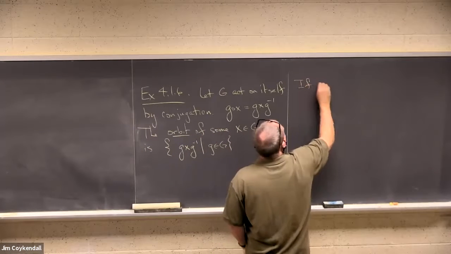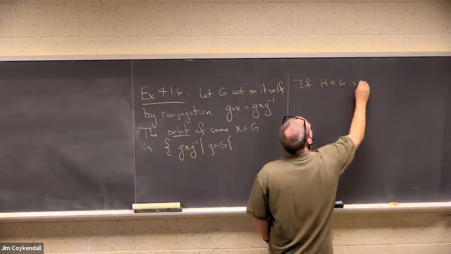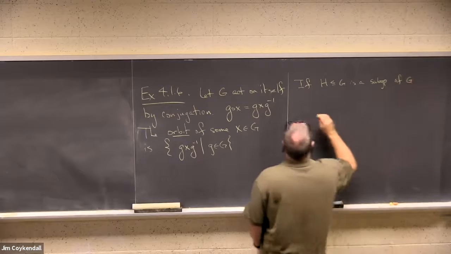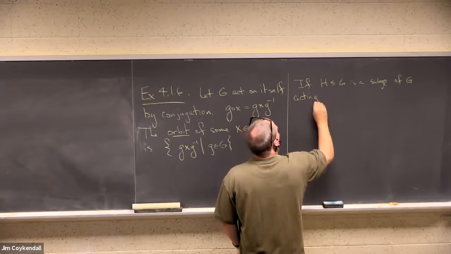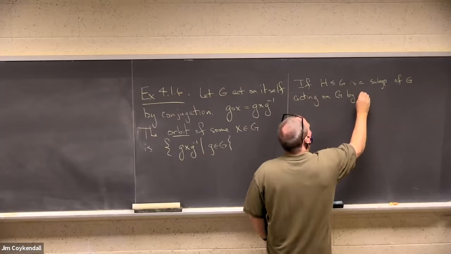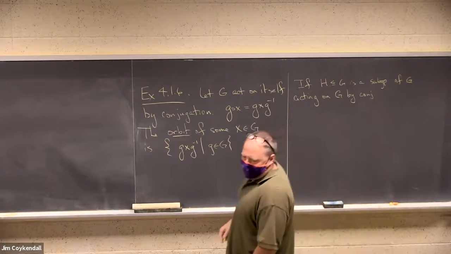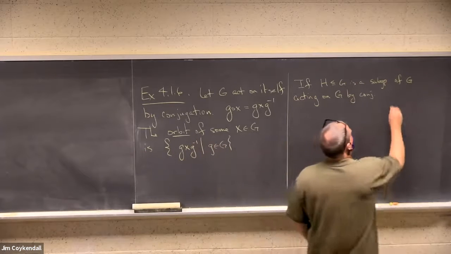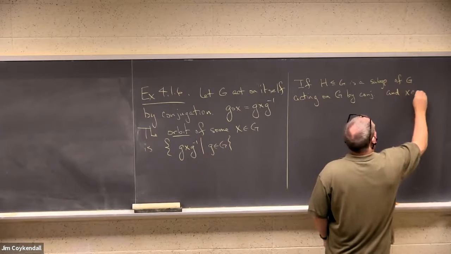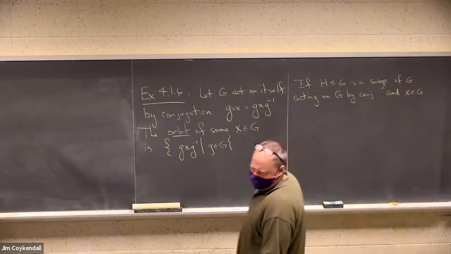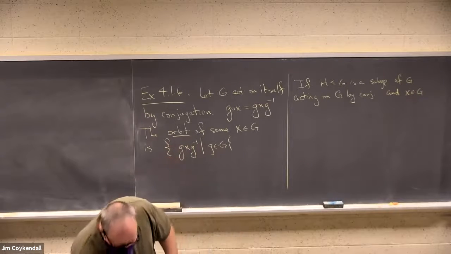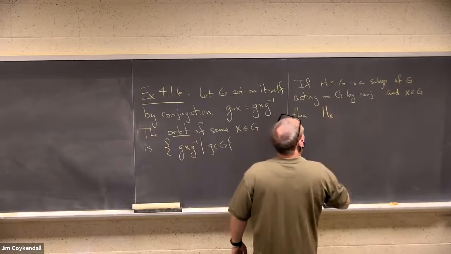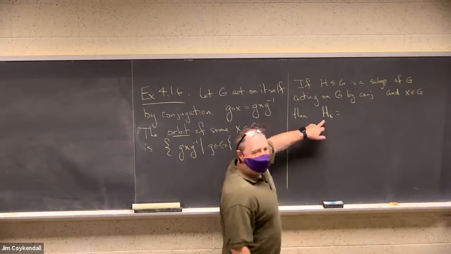So let's continue this. Let H be a subgroup of G acting on G by conjugation, and we will say that x is in G. Then remember what this notation means.